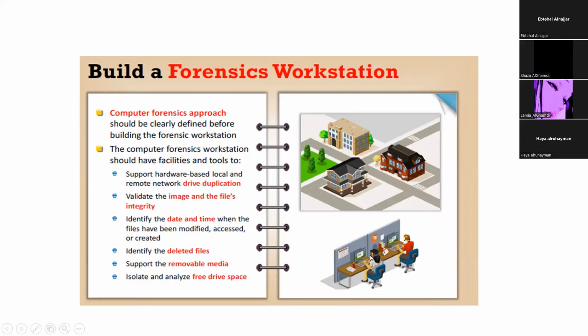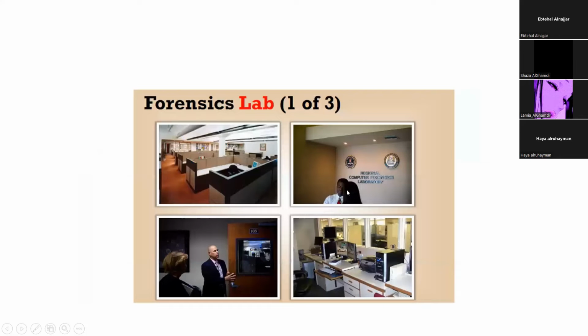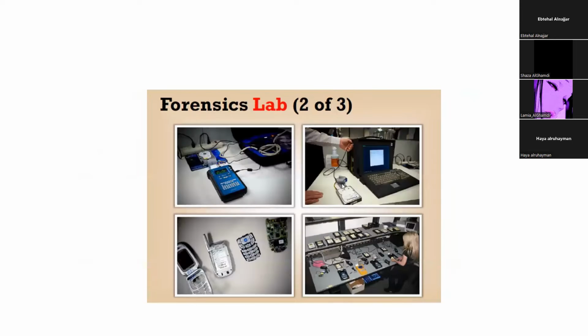Just one second, allow me. So this one over here is where you can duplicate the hard drive. It's basically a device that you connect to the hard drive, and it takes an image from the hard drive and saves it here. Later on, once the image is here, you can open your EnCase or FTK software and start to analyze this hard drive. We call it a duplication cable or duplication material.